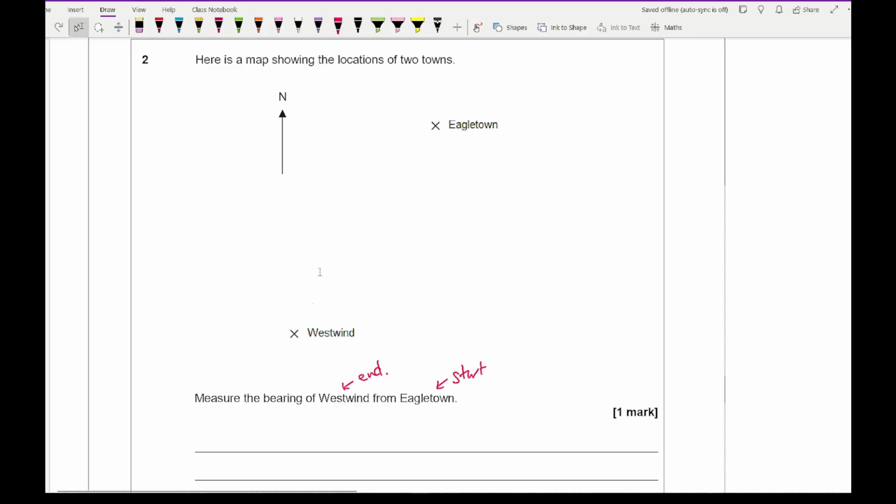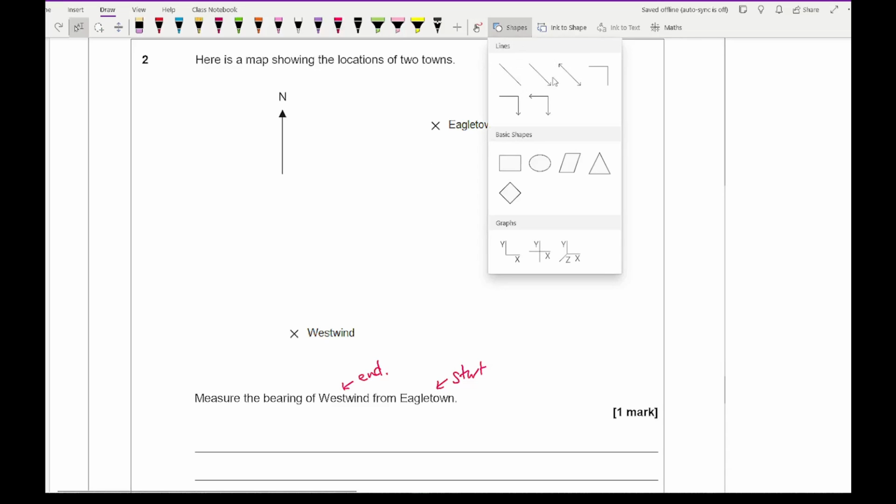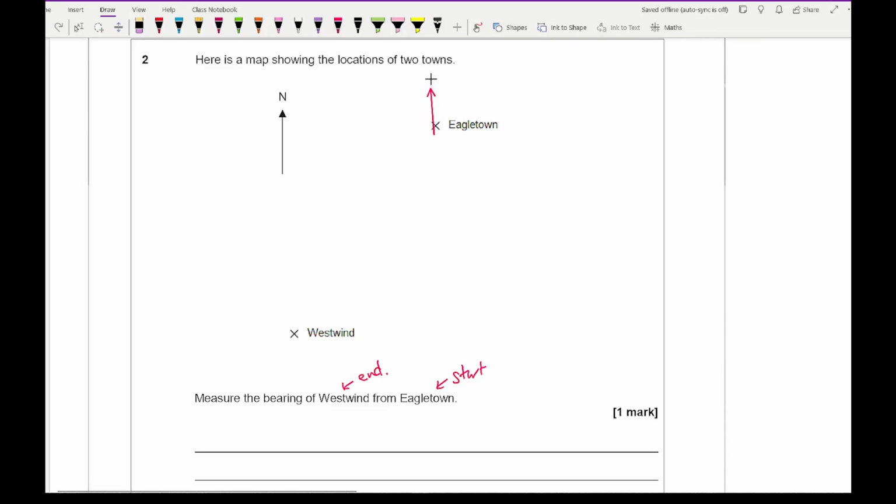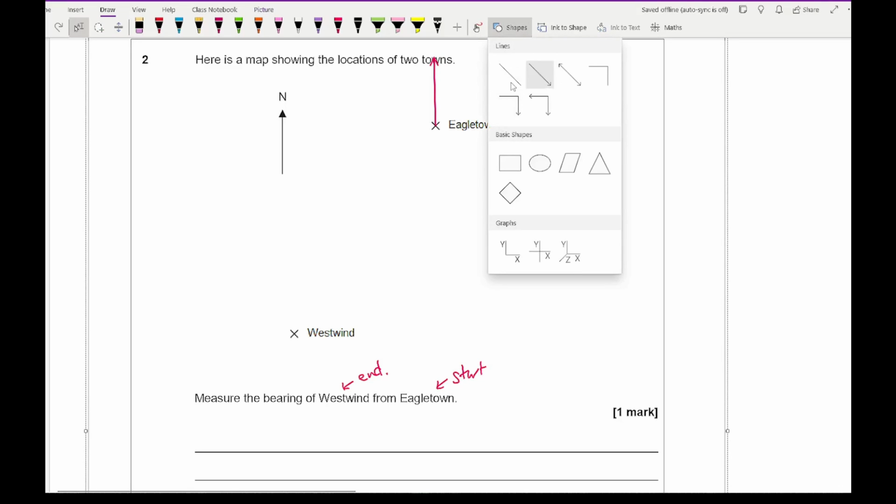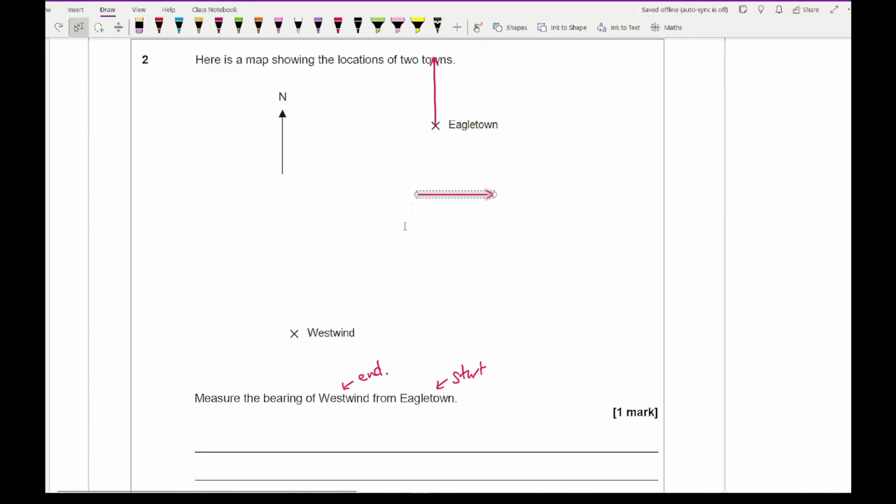What I need to do is draw a north line from Eagle Town, and again this is going to be incredibly awkward to do on the computer, so just bear with me, like so. And then we need to do the exact same from Westwind.